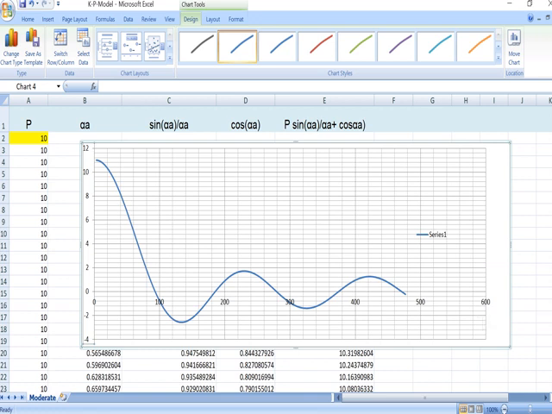That is number one. Now, why does this happen? Because of the nature of this graph, whose amplitude is decreasing as the value of alpha a is increasing.